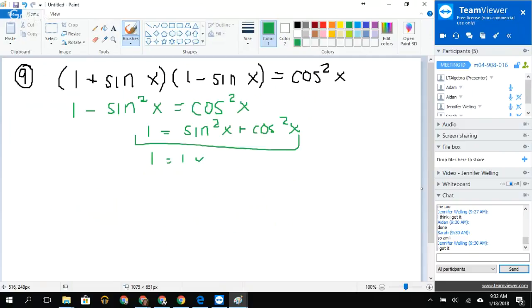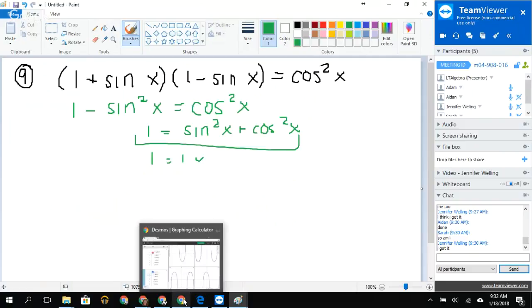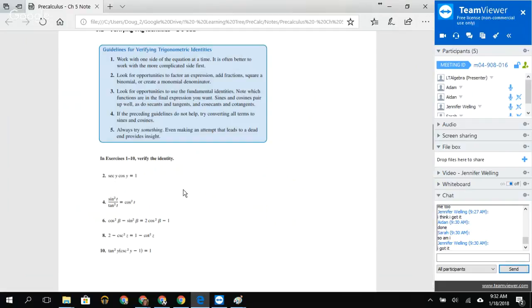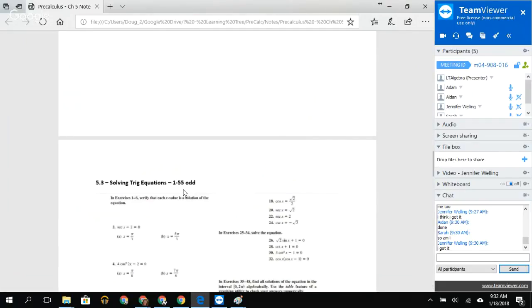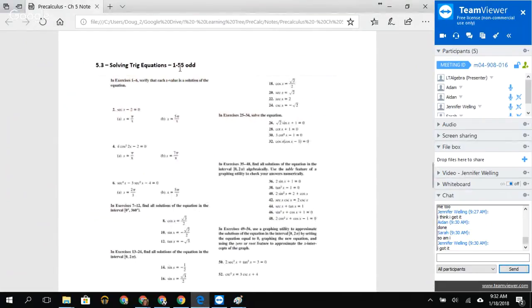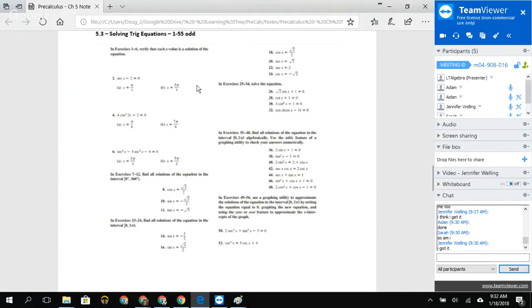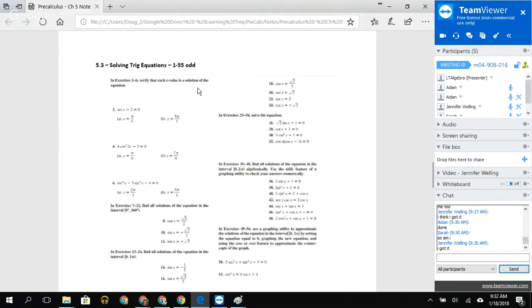All right, so we'll start a little bit into 5.3. Honestly, we probably won't finish it. Another note on your homework: I'm changing the 5.3 homework to just 1 through 39 odd. So make sure you write that down. Unless you want to do a little extra, you're welcome to.